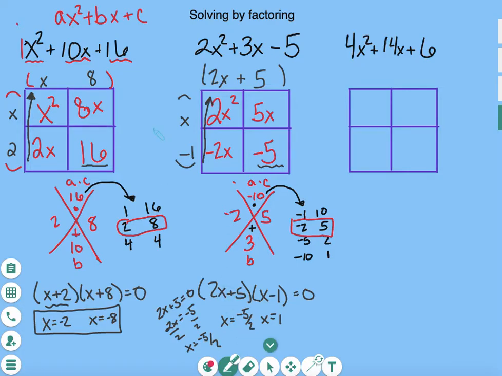One more example. Upper left would be our squared term. Bottom right is our constant term. Set up the diamond, so a times c is the top and b is the bottom. So 24 and 14.